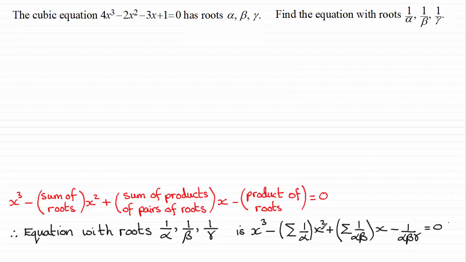And then we've got the sum of the products of pairs of roots, so that's going to be 1 over alpha times 1 over beta, that would be 1 over alpha beta, plus 1 over alpha times 1 over gamma, so that's 1 over alpha gamma, plus 1 over beta times 1 over gamma, that's 1 over beta gamma. Alright, so we're going to need to find that.